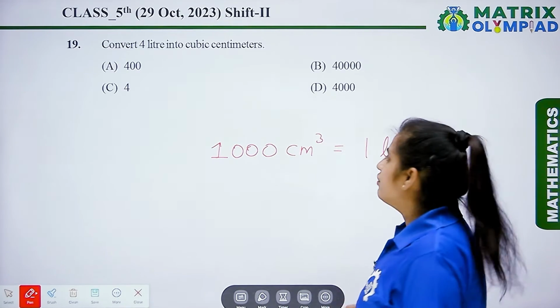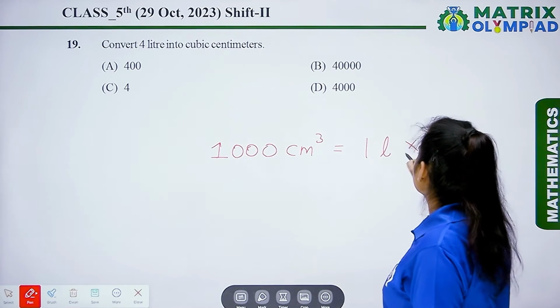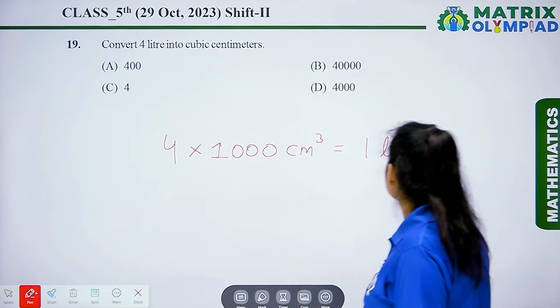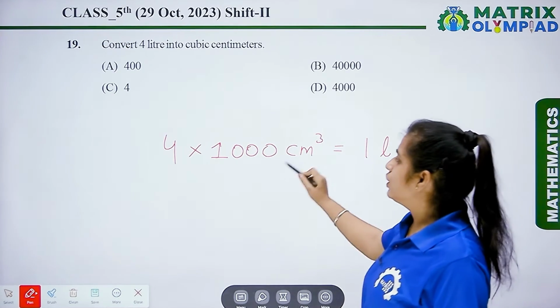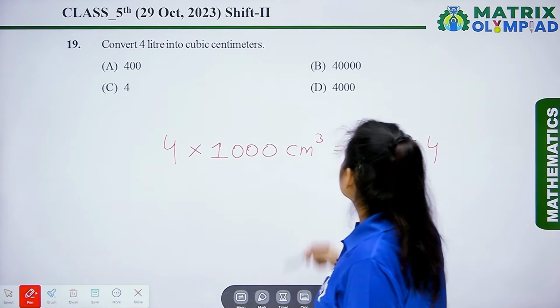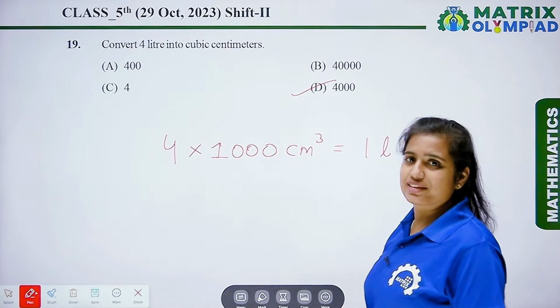So here if we multiply both the sides with 4, we will get 4 liter equal to 4000 centimeter cube. So here we have option D, the correct answer.